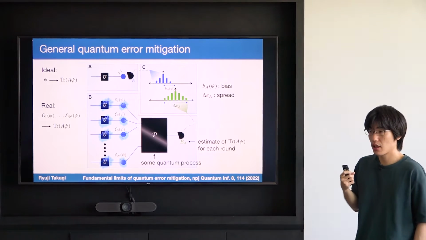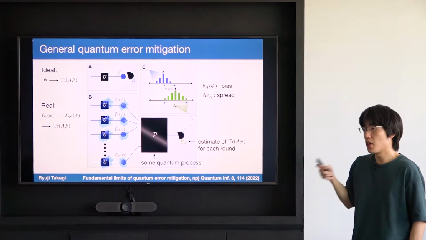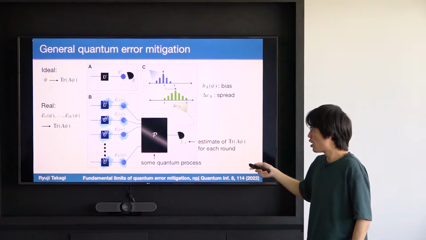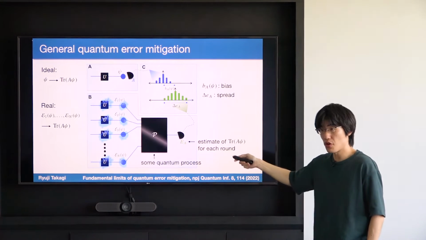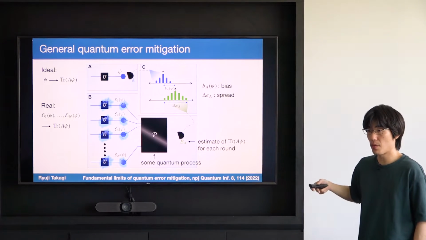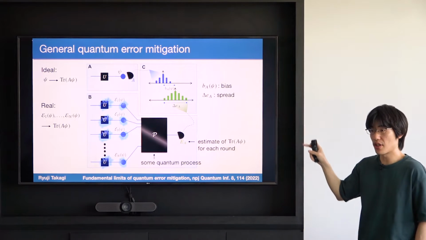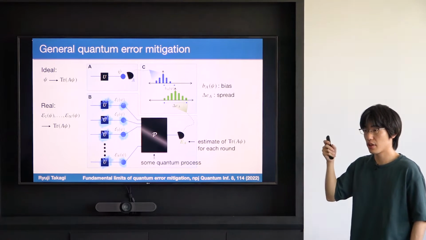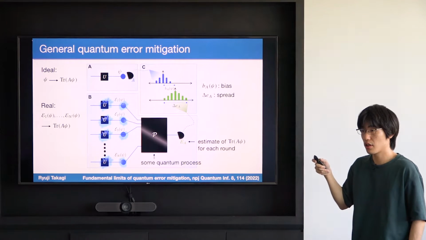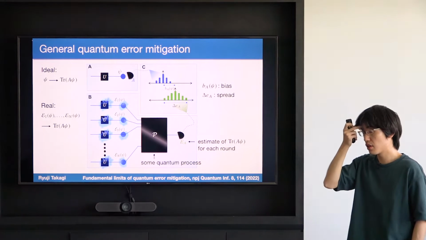Yes. Okay. Then if you know the description of the circuits, like unitary circuits, then you can always come up with such a CPTP map that connects this ideal state and a noisy state. I don't believe that's true, but okay.